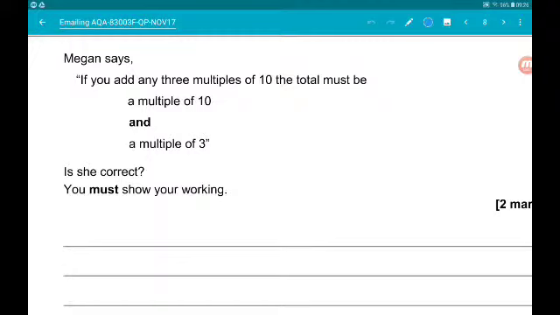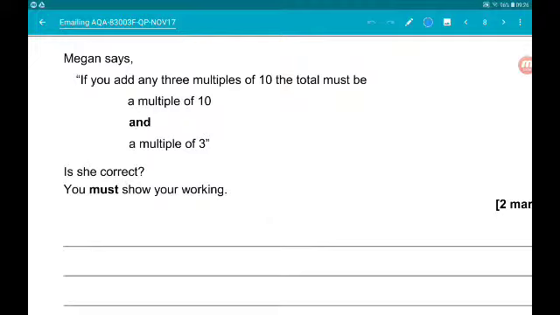Okay, question 10. Megan says, if you add any 3 multiples of 10, multiples of 10 mean numbers in the 10 times table, then the answer must be a multiple of 10 and a multiple of 3. Is she correct? We must show our working. So, chances are usually when you're asked if these people are correct, they are not.